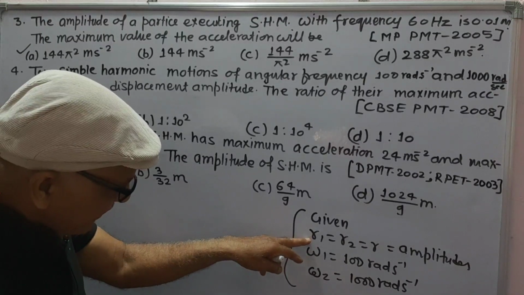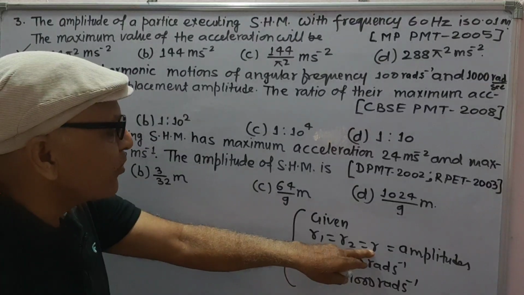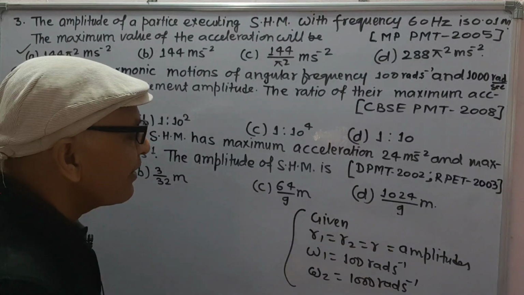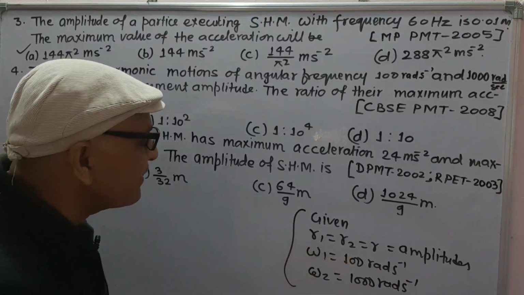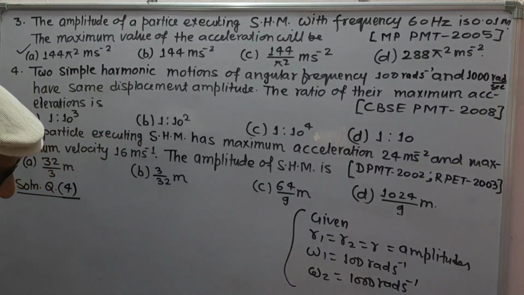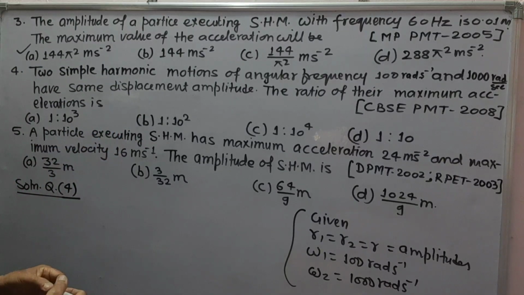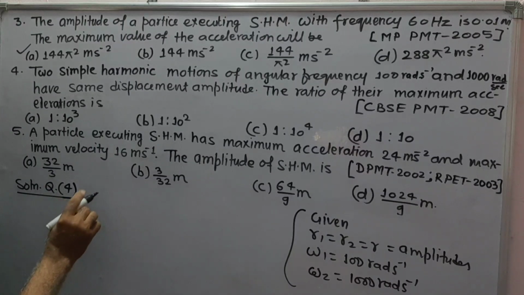Here given R1 is equal to R2 is equal to R, which is the amplitude. Omega 1 is 100 radian per second and omega 2 is 1000 radian per second. Then we have to find the ratio of the maximum accelerations.